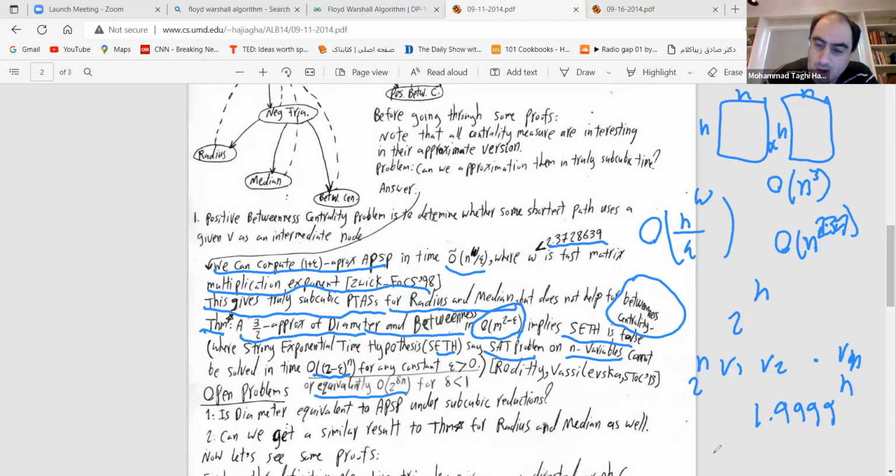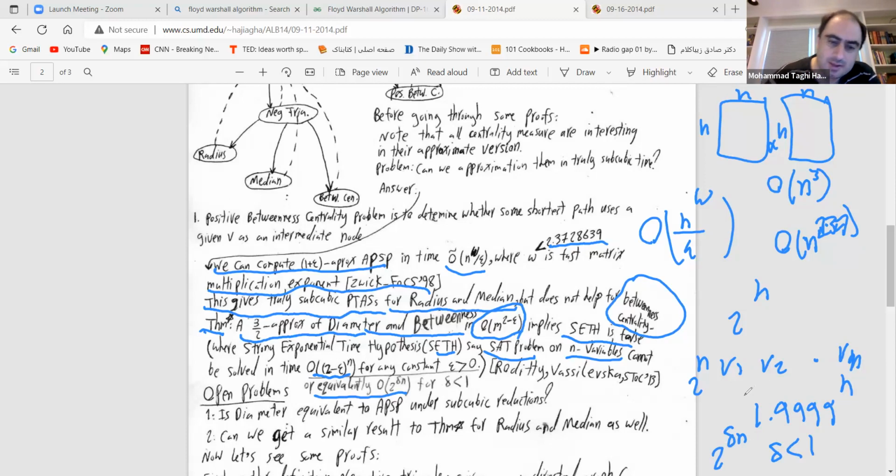So you cannot solve this problem in 2 to the delta n, or sigma n actually, for any sigma or delta less than 1.